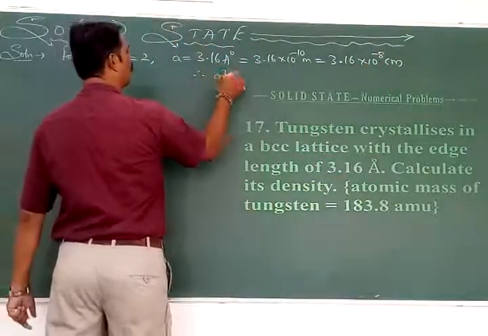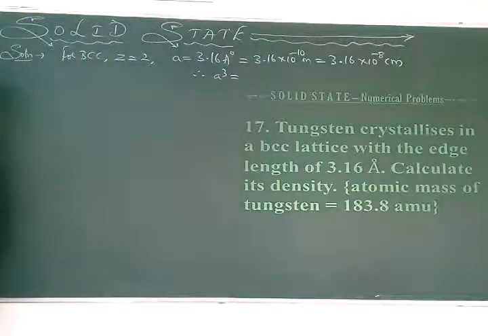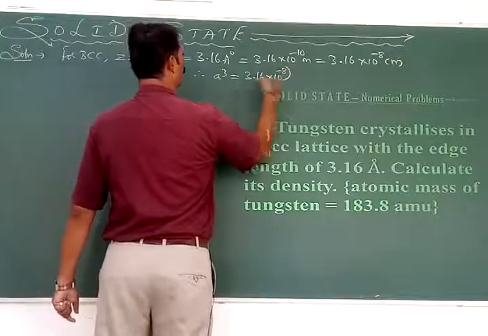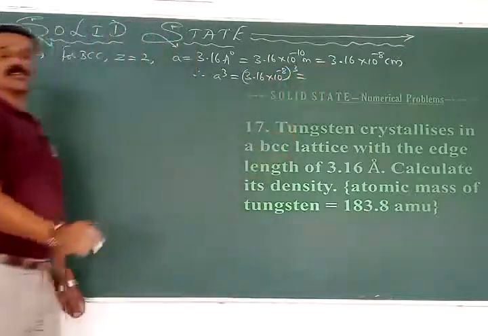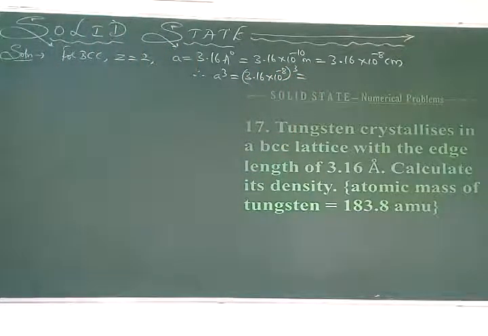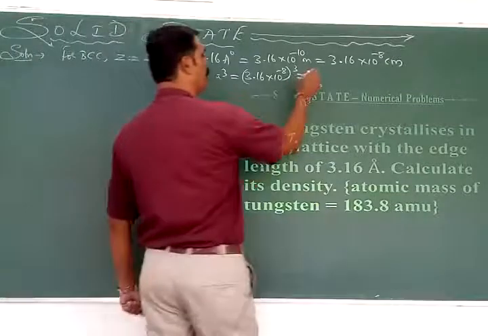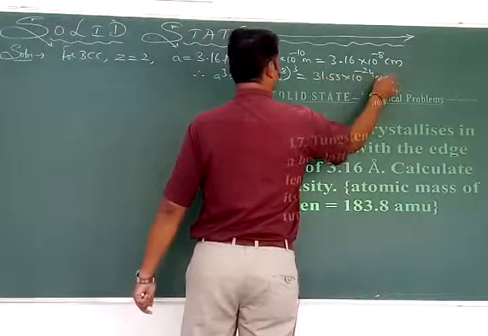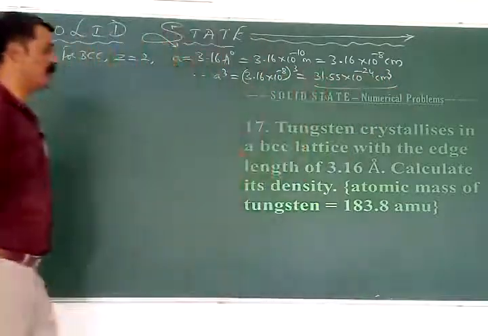Directly I will write here: 3.16 into 10 to the power of minus 8, whole cube. It is 31.55 into 10 to the power of minus 24 cm cube. That is the value of A cube here.